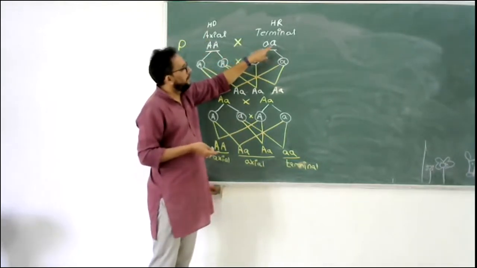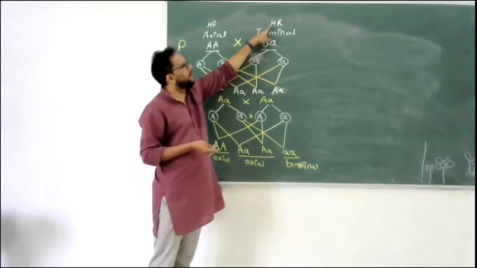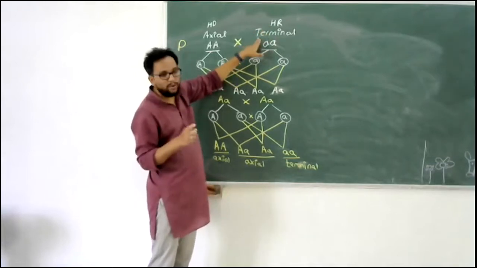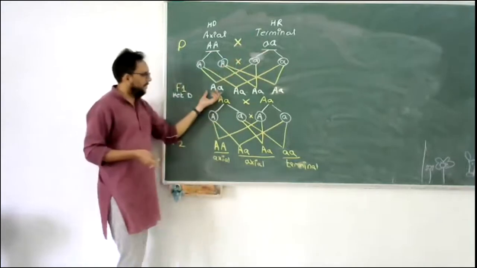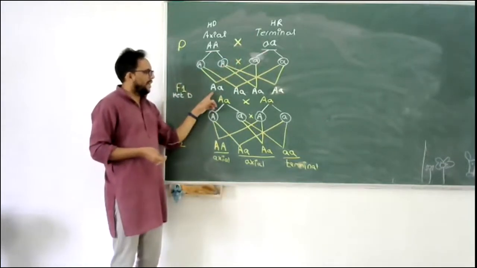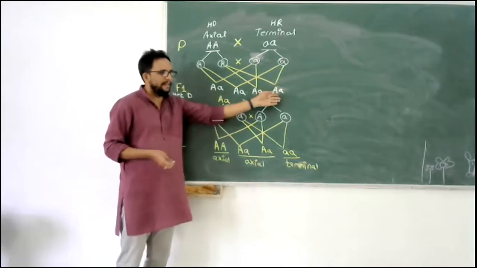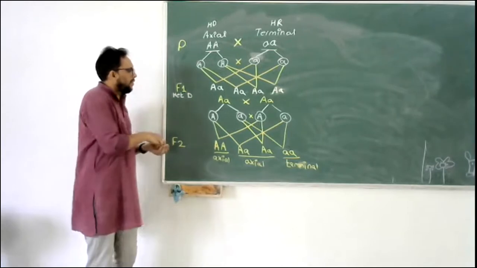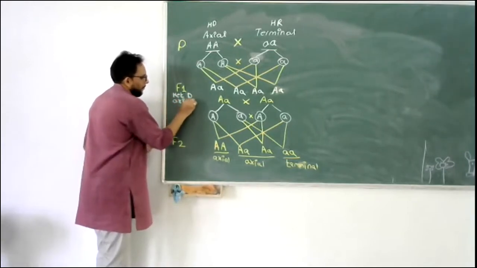Here the genotype is small a small a, which is homozygous recessive, and the phenotype is terminal flower. In these cases, the genotype is capital A, small a in all the cases, which is heterozygous dominant, and the phenotype is that these will all be axial flowers.